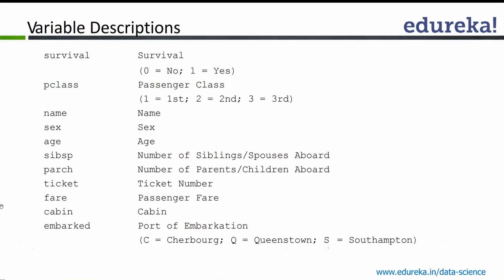And the fare of the ticket, and the cabin in which that person is traveling, and the place of embarked, okay? At what place they got onto the ship, okay? So these are the different variables that are present in the data.